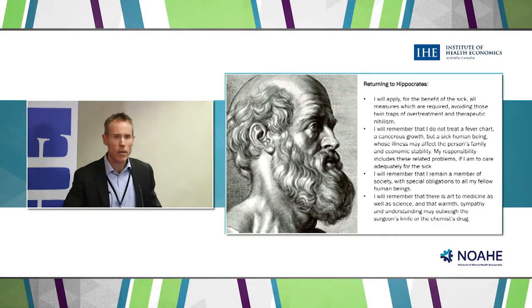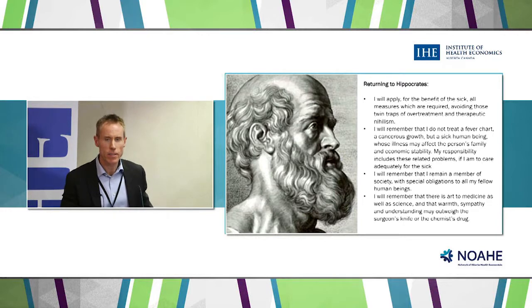So coming back to Hippocrates, he didn't just say that we have to do everything for the person in front of us. He actually said that we should avoid the twin traps of overtreatment and therapeutic nihilism, not doing anything. And remembering that we're not treating a fever or a cancerous growth, but we're treating a sick person whose illness may in fact impact the person's family and economic stability, and that the responsibility of the physician includes these related problems if they're to care for people who are sick adequately.